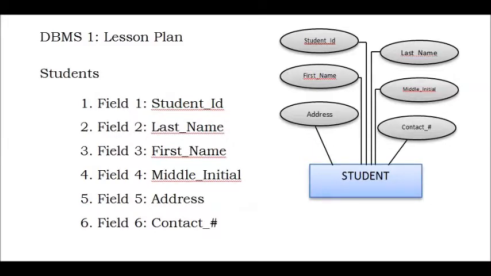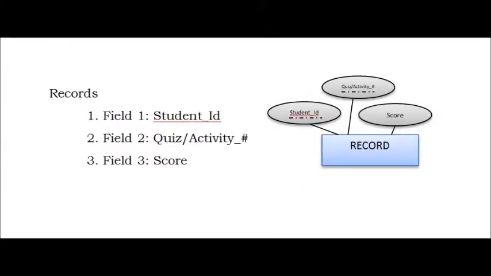I have ready-made fields or attributes at the left side. The student ID, last name, first name, middle initial, address, and contact number are transformed into an entity relationship diagram, which I inputted into the oval shapes as the attributes of my entity.